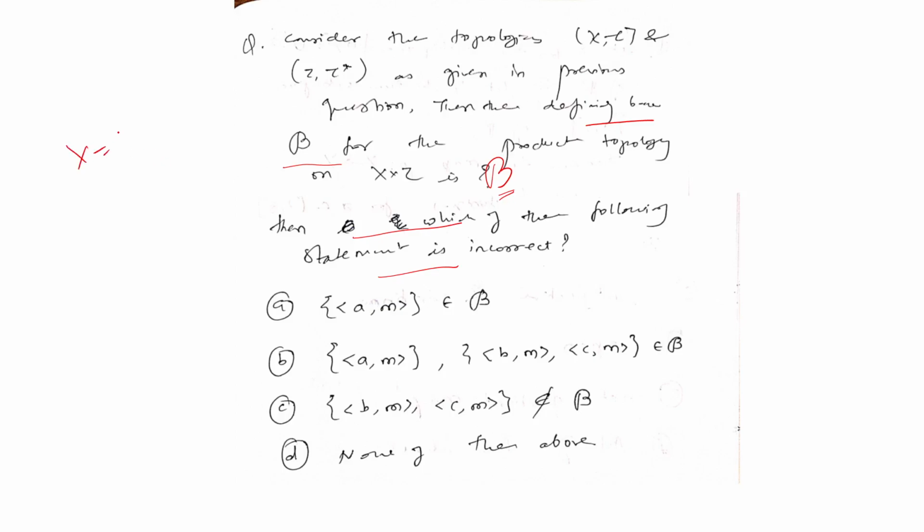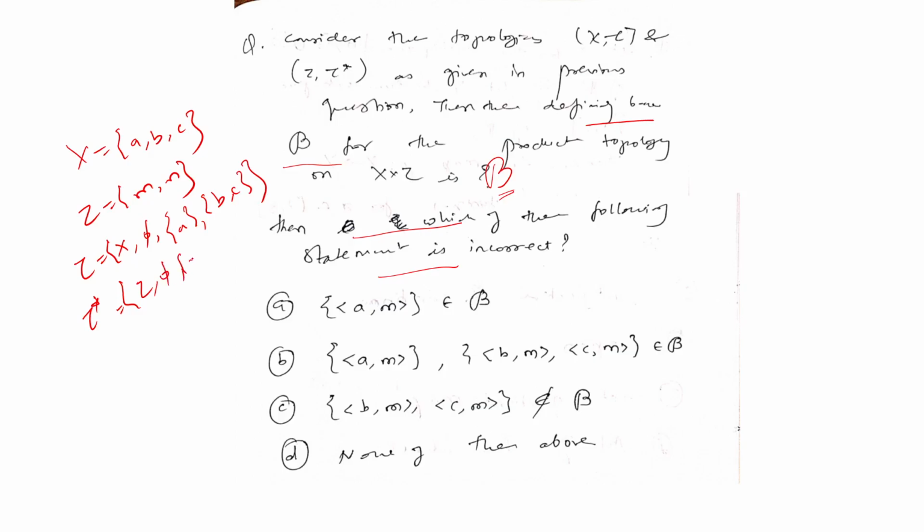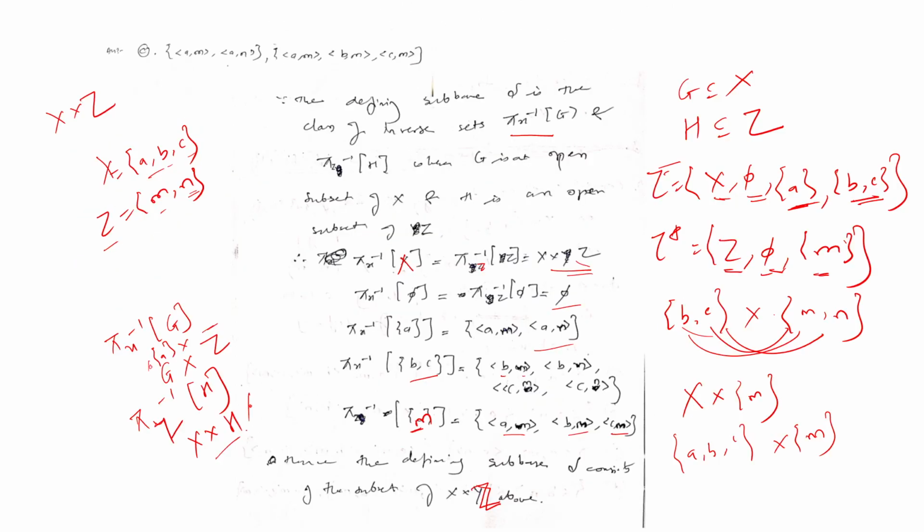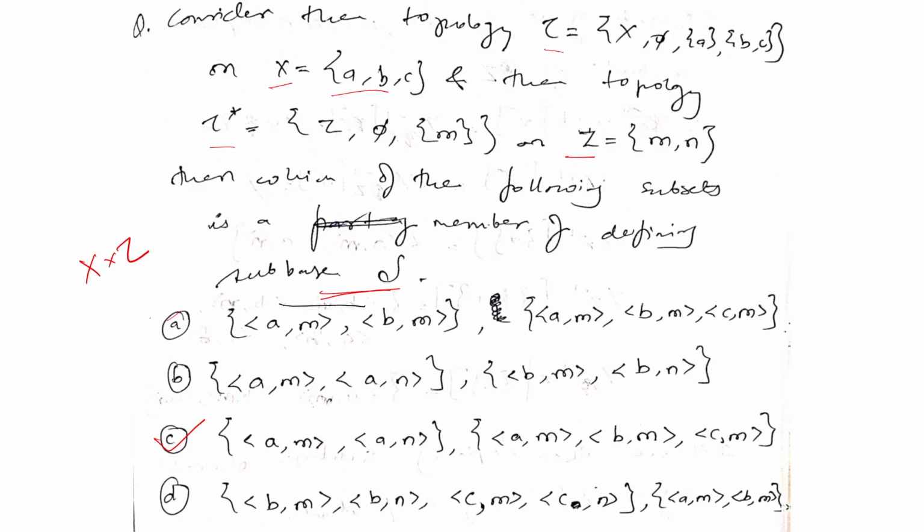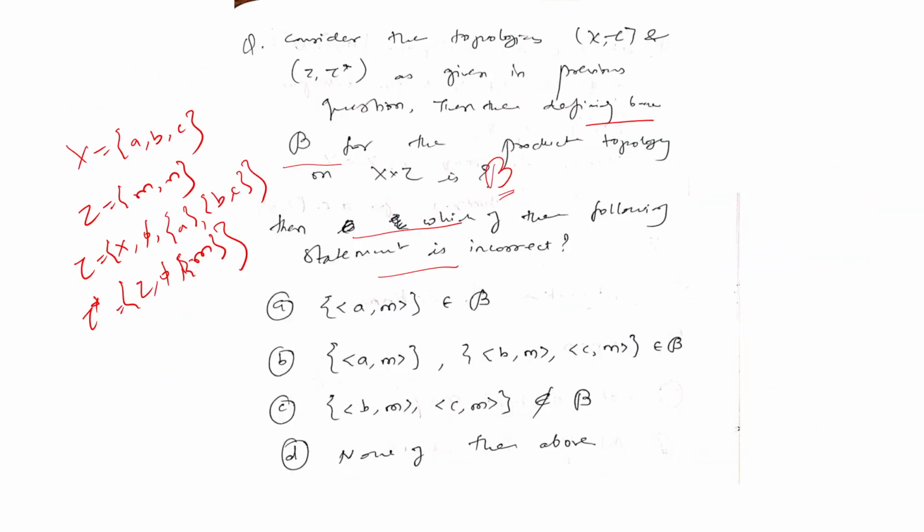So you have X as A, B, C, and Z is M and N, and topology tau is X, empty, Z, A, and B, C, and tau star is Z, empty, M. So this is the set and the topology given. Just check what you are getting.